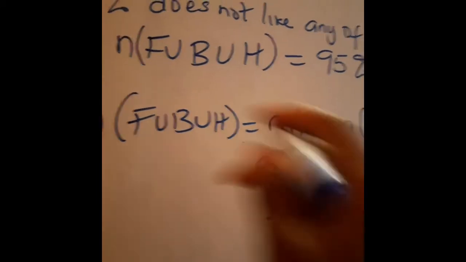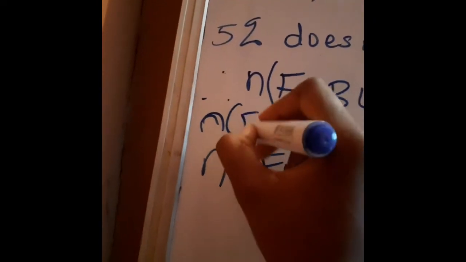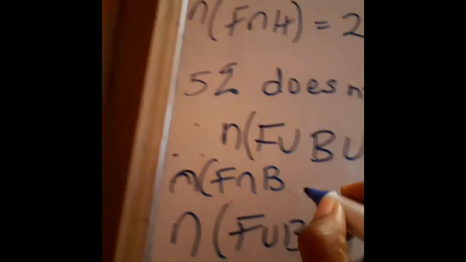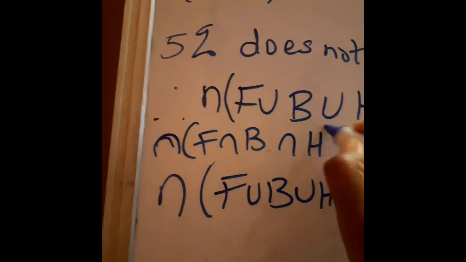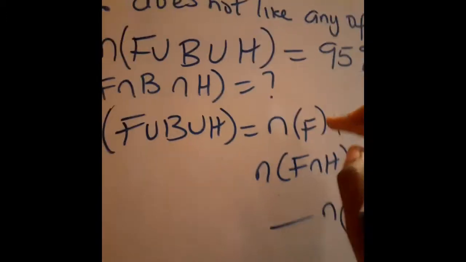I should have written it out that this is what we are looking for. So let me just write it somewhere here. N of F intersection B intersection H is unknown. So we are looking for it. We have this, only this that we don't have.